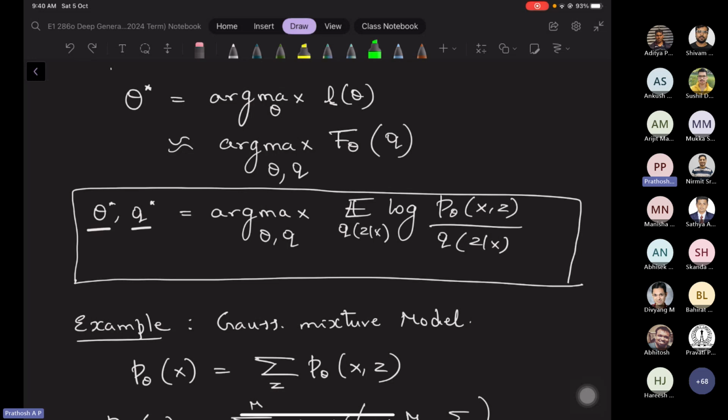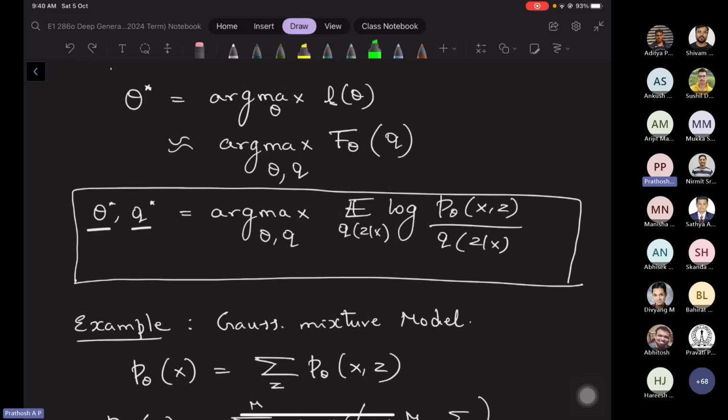So we assume a distribution over the latent variable, denoted by q of z given x. Once we assume a distribution over the latent variable, a lower bound is constructed on the objective, the log likelihood that we would want to maximize, right? And when we maximize it, we learn both the model parameters theta and the distribution of the latent variable by maximizing the lower bound.